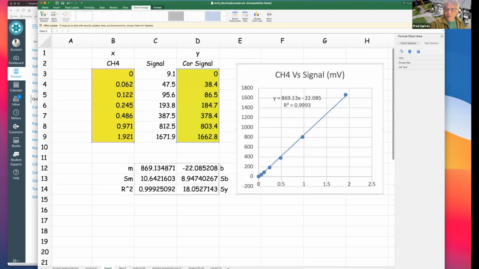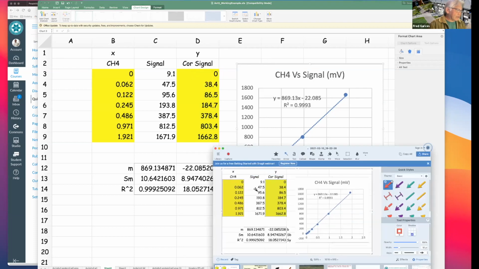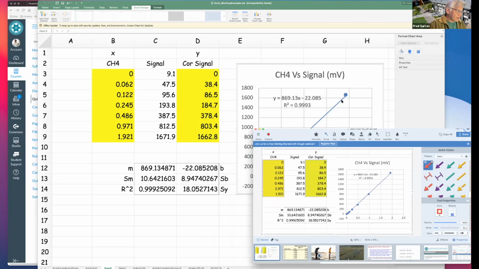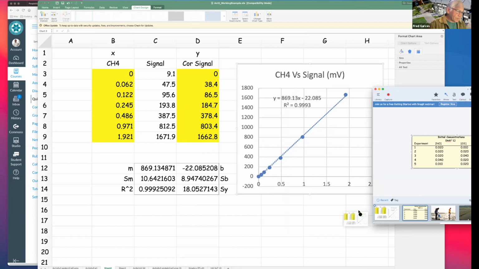And then when you do the screenshot, let me show you what the screenshot looks like. You can paste it into your activity. Here's the screenshot. Okay, let me pull this out.